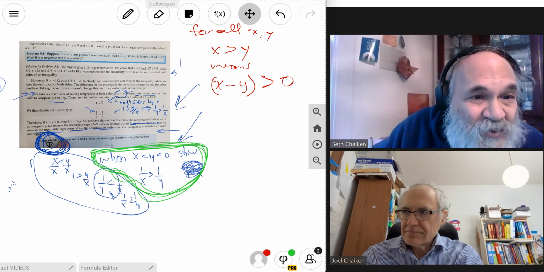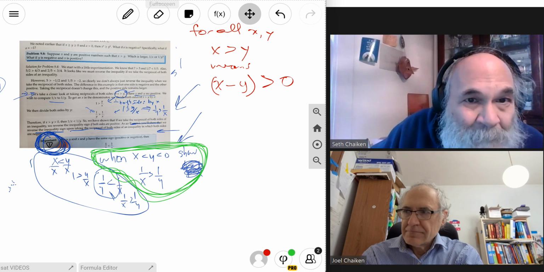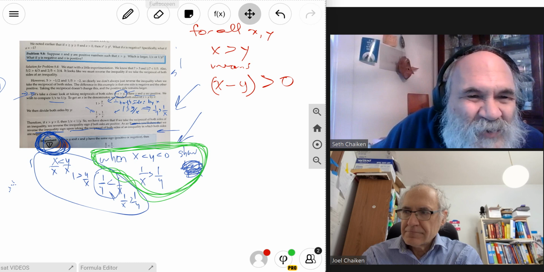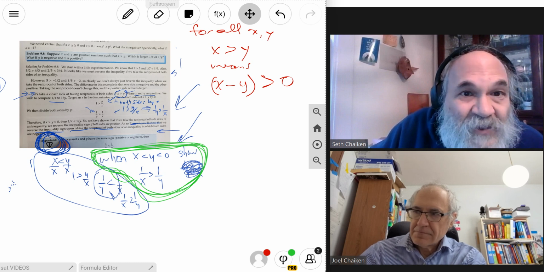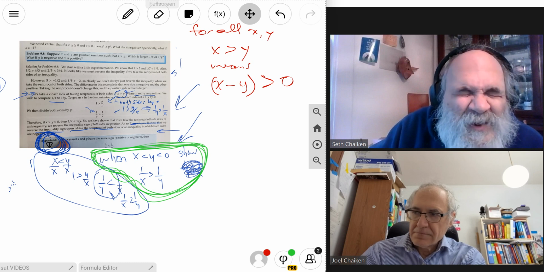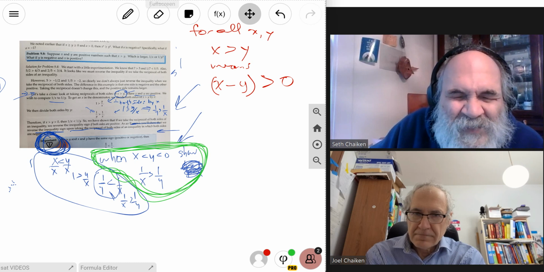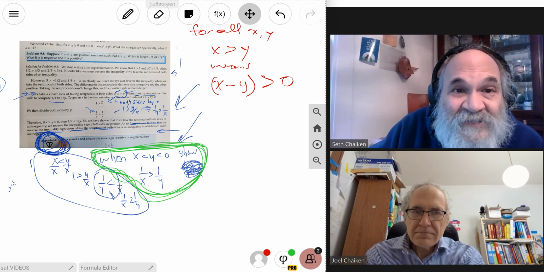So we're going to prove. So we're starting with X. What we're going to do is replace the symbols with other symbols so that I don't conflict with the symbols of the problem. So I'm going to rewrite this.